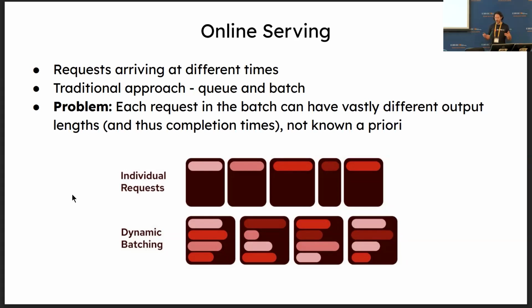In traditional systems, what you might do is have a queue where you queue up the requests, and then you send them as a batch after some period of time. And this can be done, and it helps. It's a good first step. Because the generation of the text takes a relatively long time, if you've got lots of requests coming in, you can just queue these up while the others are running, and then use those for the next batch.